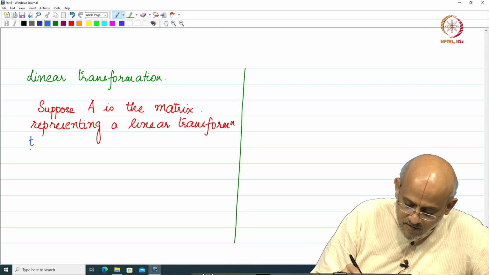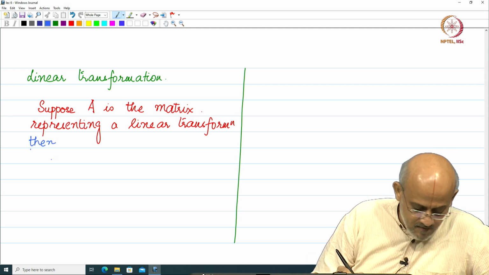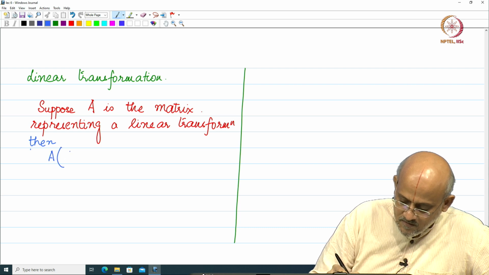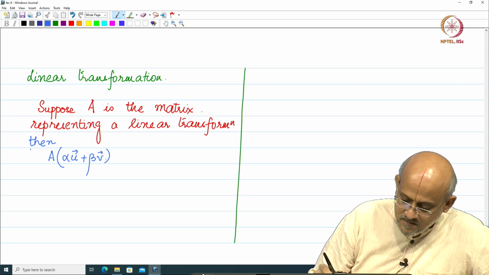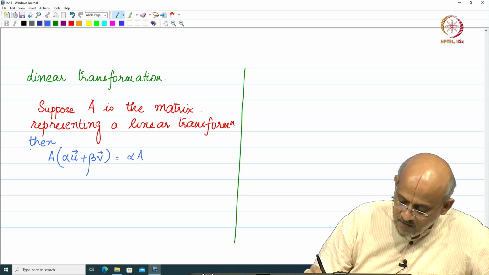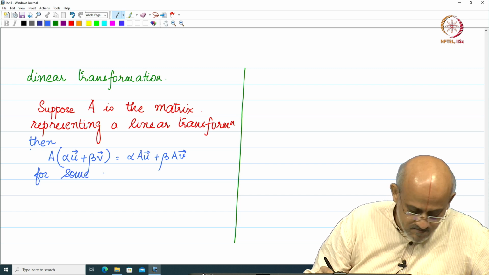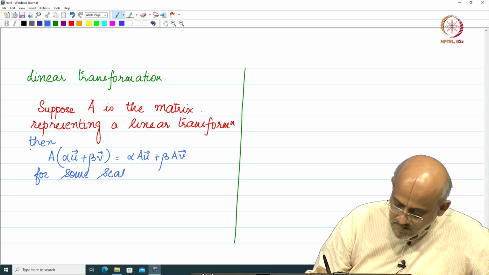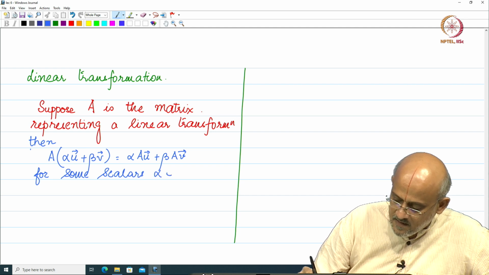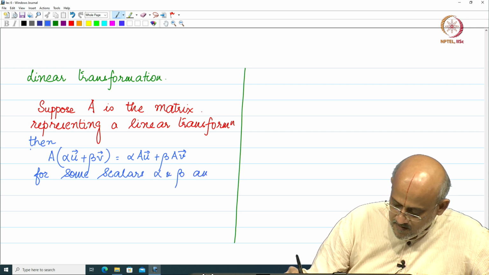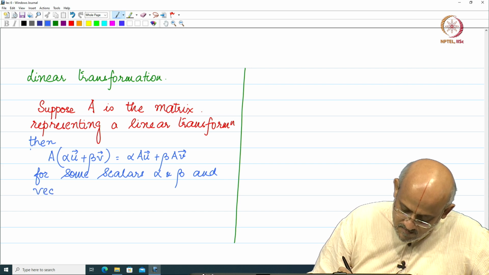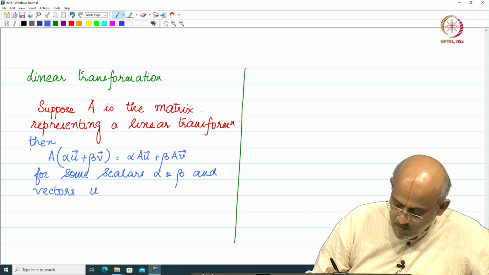then the following holds. A into alpha u plus beta v is equal to alpha times A u plus beta times A v, for some scalars alpha and beta and vectors u and v.